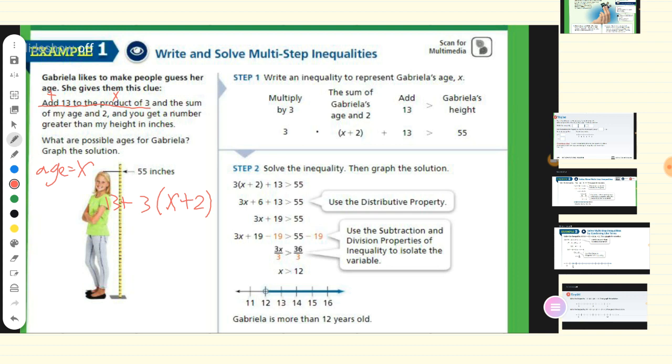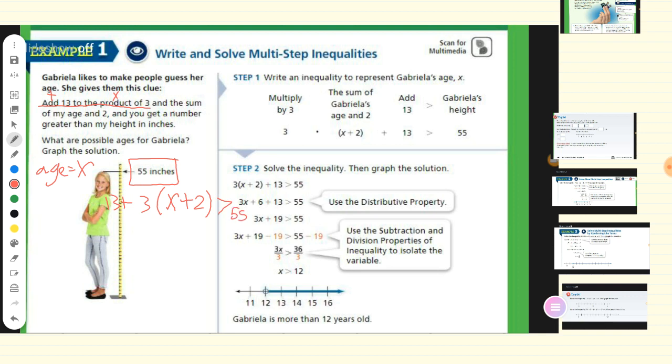This is the left hand side. You will find a number greater than my height in inches. Her height is 55, so it's greater than 55. That's it, we already set up the inequality.